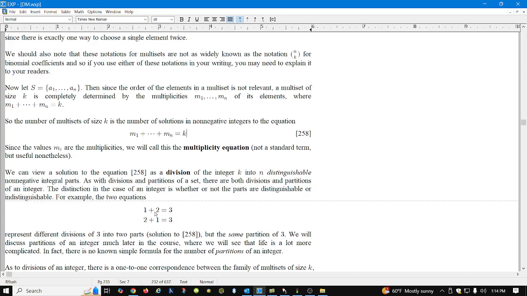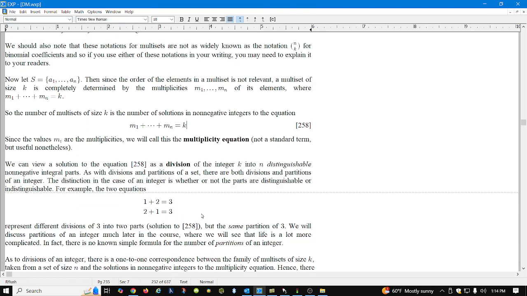So for example, these two equations, 1 plus 2 equals 3 and 2 plus 1 equals 3, are different divisions of 3 into two parts. Different solutions to this equation, say x plus y equals 3.